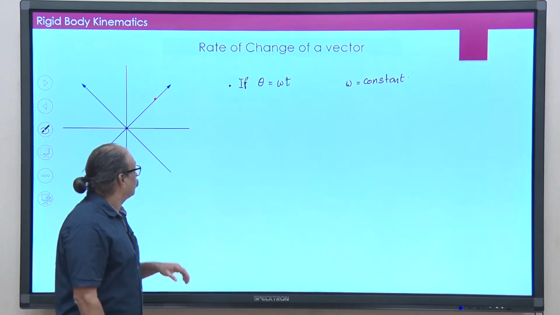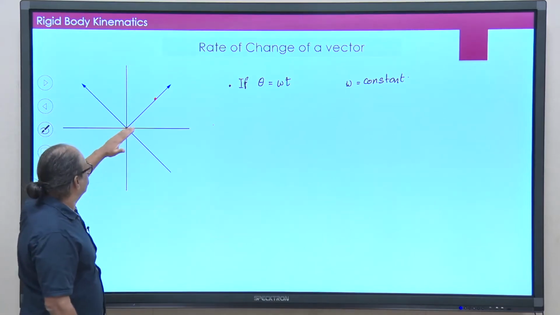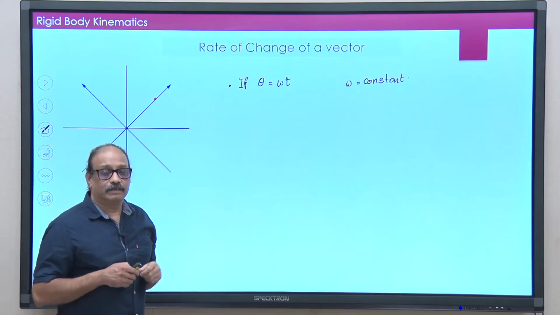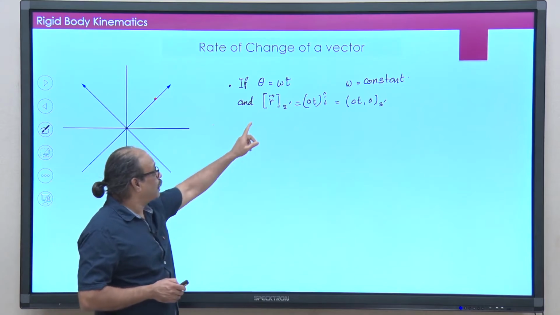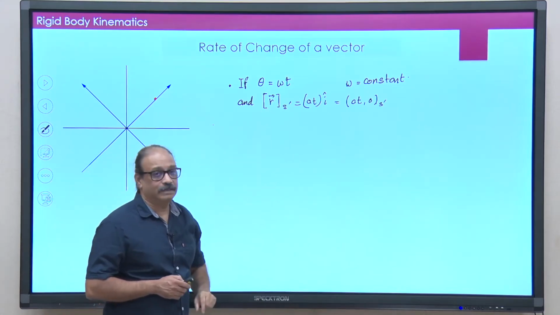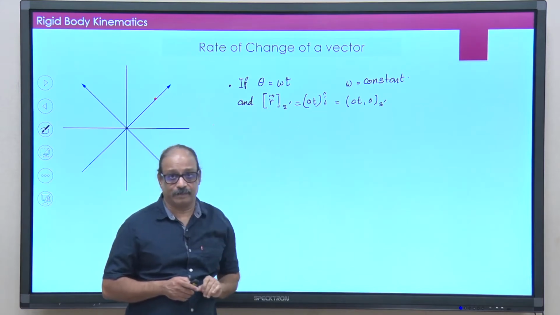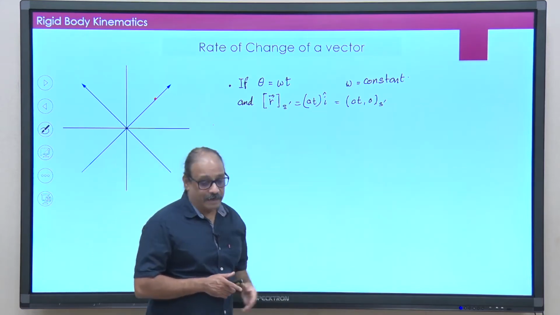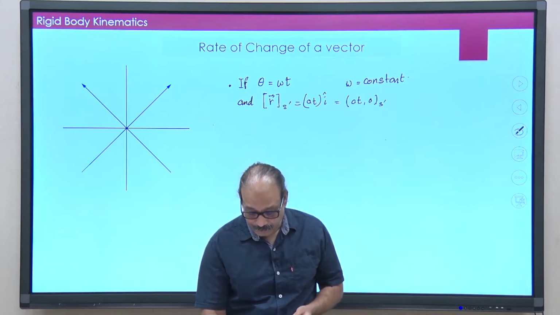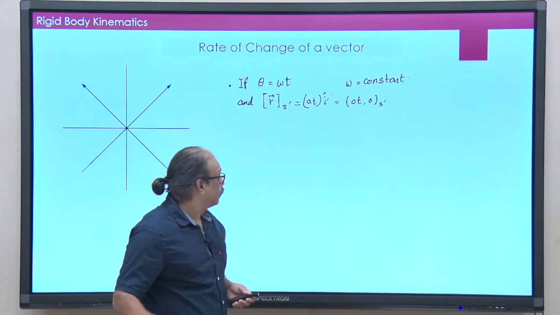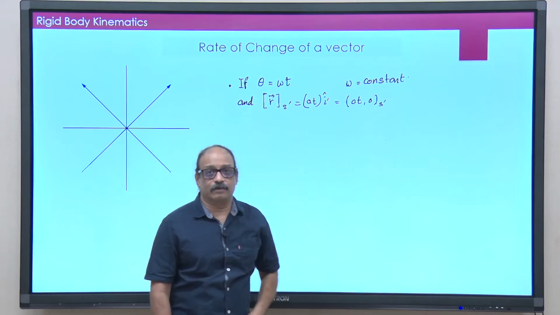Now, in the S prime frame, this is your x prime axis. What are the components of the r prime vector? The components of the r vector, or r prime vector, as seen from S prime, are just a t times i prime. If I write that in component form, that would look like a t along the x prime direction and 0 along the y prime direction.